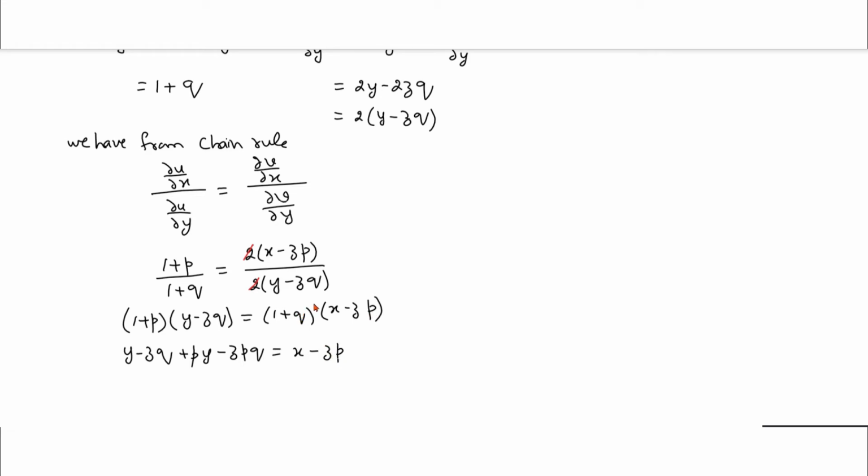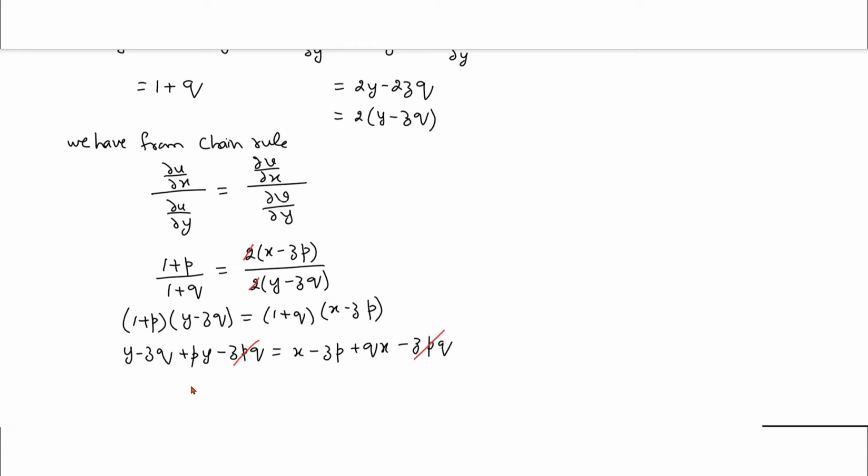Then you multiply this q with x, you'll get qx. This plus into minus will be minus. Multiply this q with zp, you'll get z times pq. So minus zpq on the left hand side and minus zpq on the right hand side will cancel out. Now let us try to rearrange the terms.